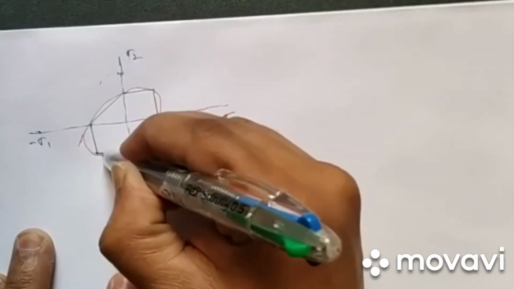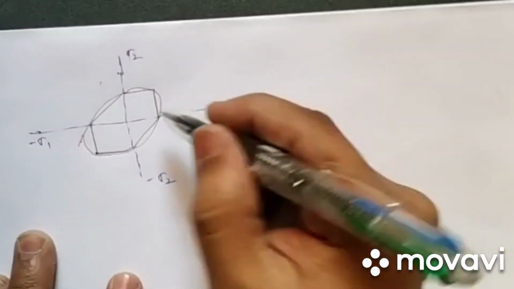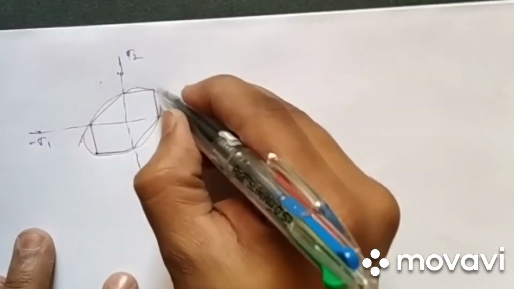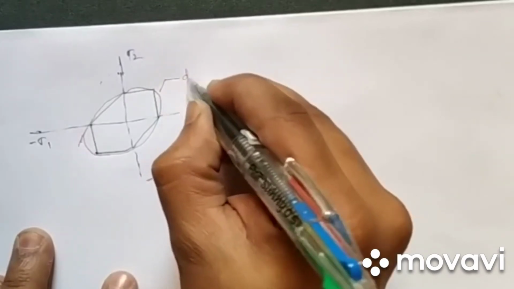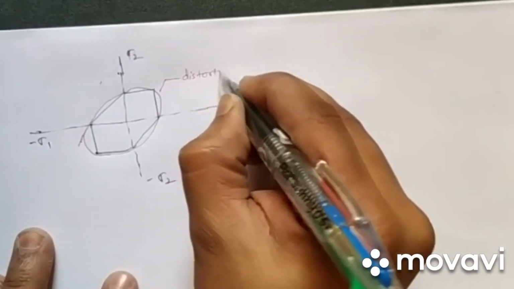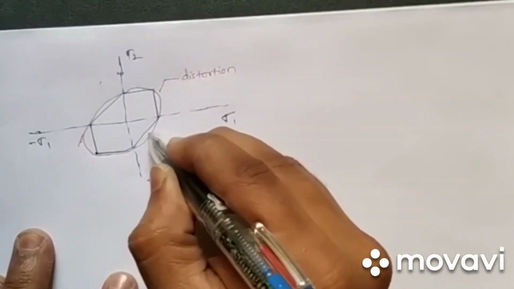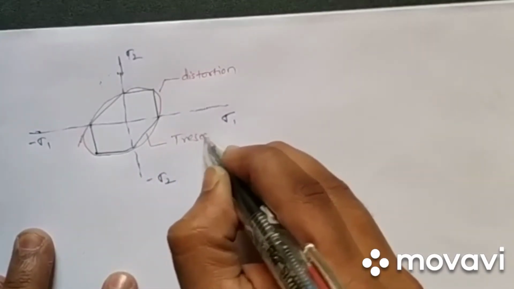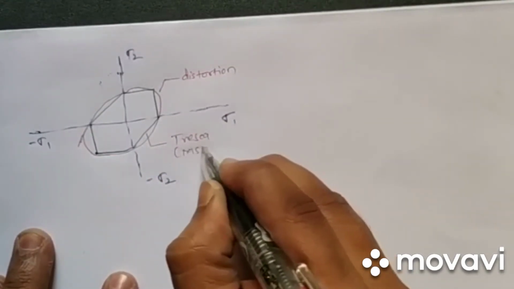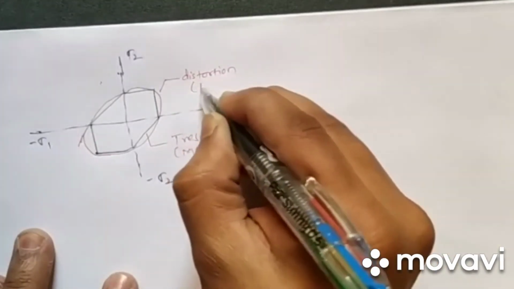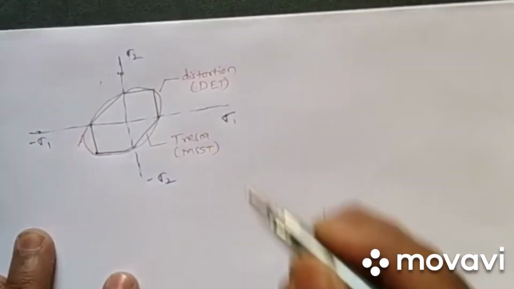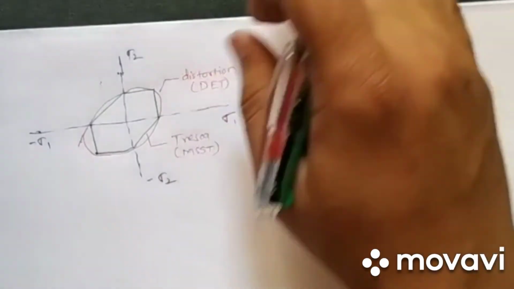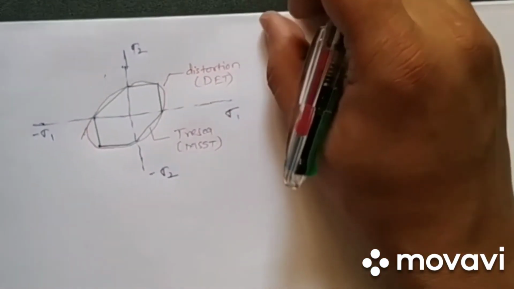Sorry for the drawing, it will be covering like this. So this red one is our distortion energy or von Mises, and this is our Tresca or maximum shear stress theory. This is the representation.